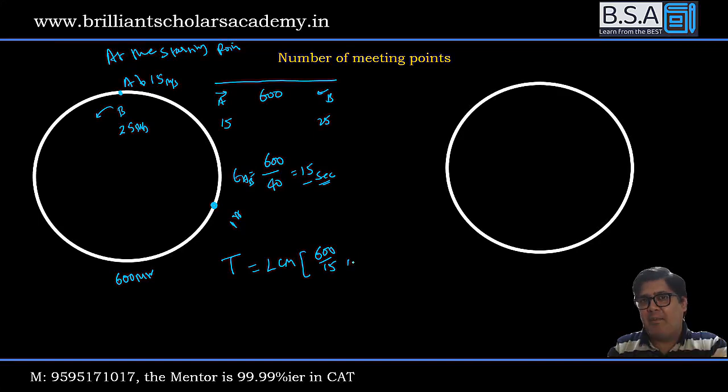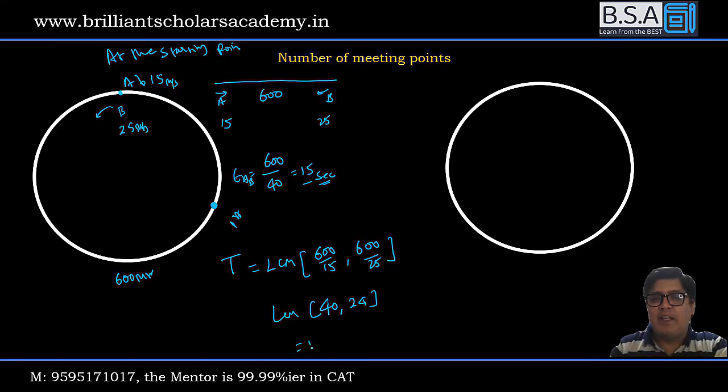How much time will B take? 600 by 25. That turns out to be 40 and 24. The LCM of these numbers is 120. Let us connect the two things. Once they start running from here, after 120 seconds they will again meet at the starting point.